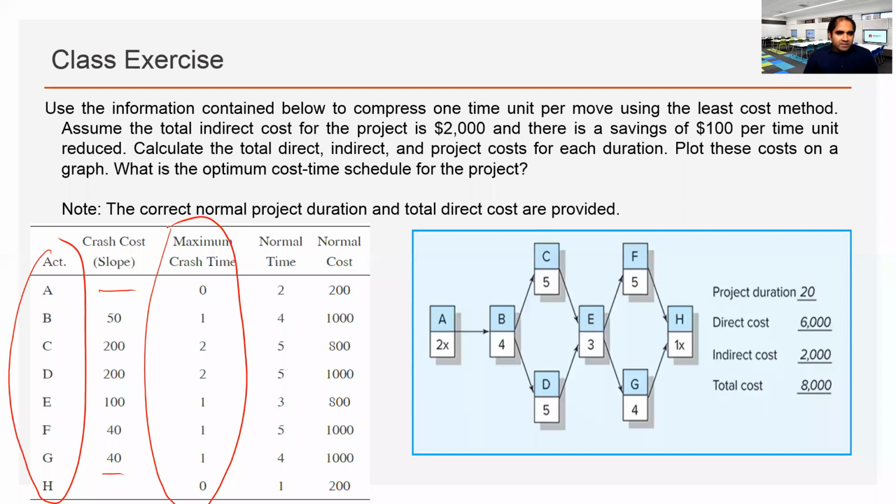C, D expensive, E, F. F is the cheapest, F and G, these are the cheapest options. But again, let's look into the total chain.